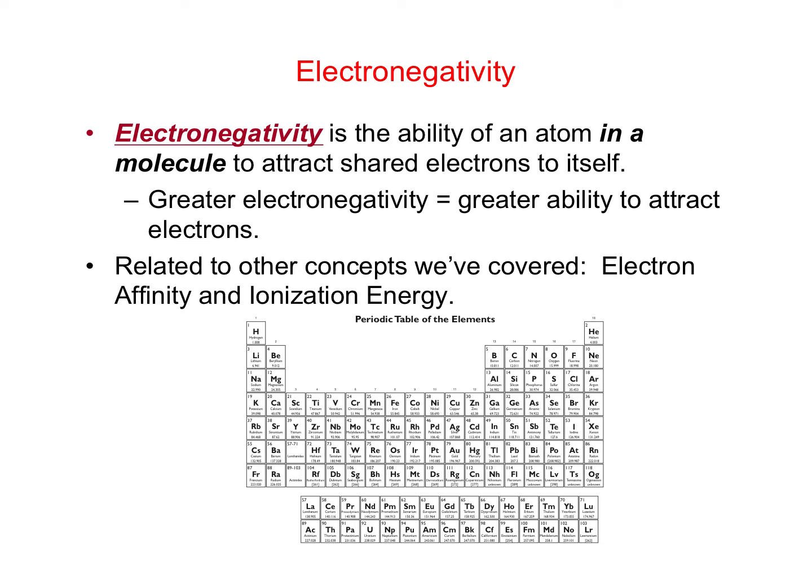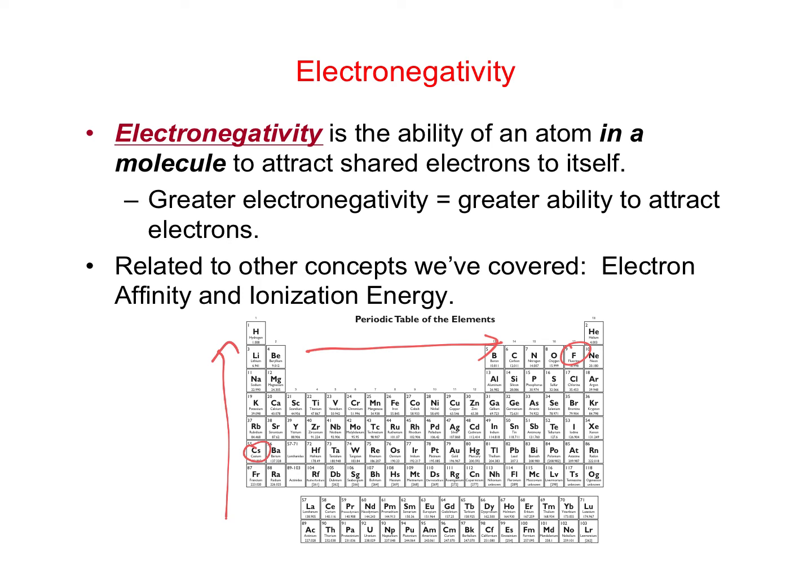The trend in both electron affinity and ionization energy was that when we went up and to the right in the periodic table, these properties increased. So fluorine has a very high ionization energy and a very high electron affinity, whereas something like cesium has small ionization energies. It's easy to take its electrons away, and relatively low electron affinities.